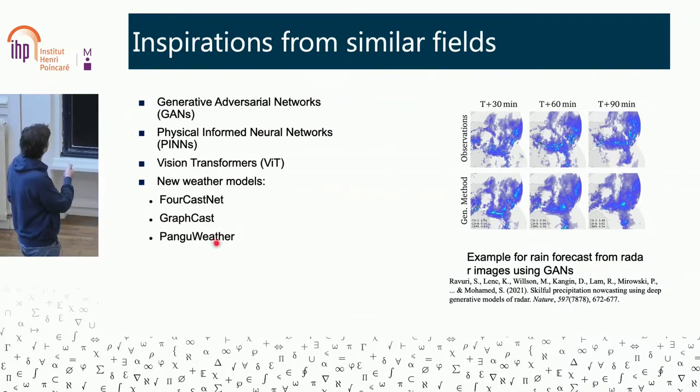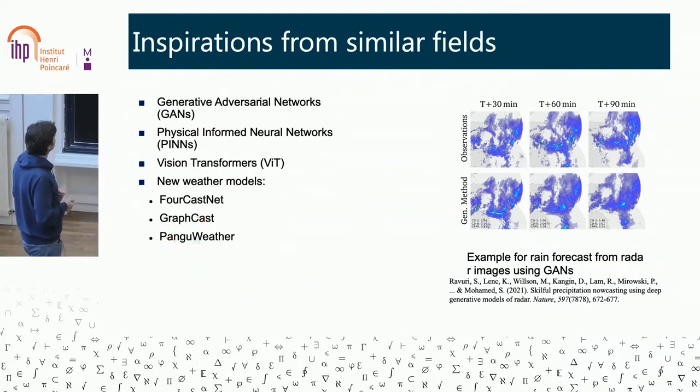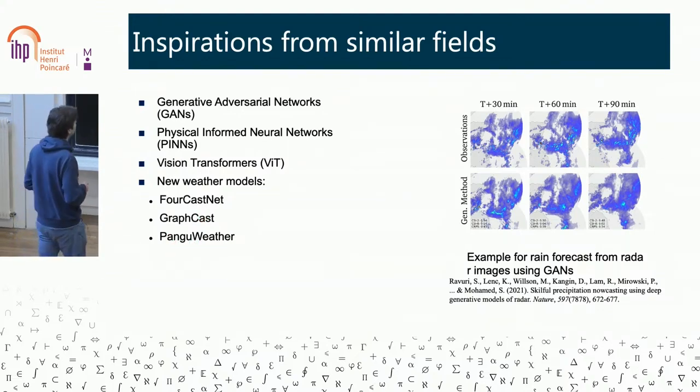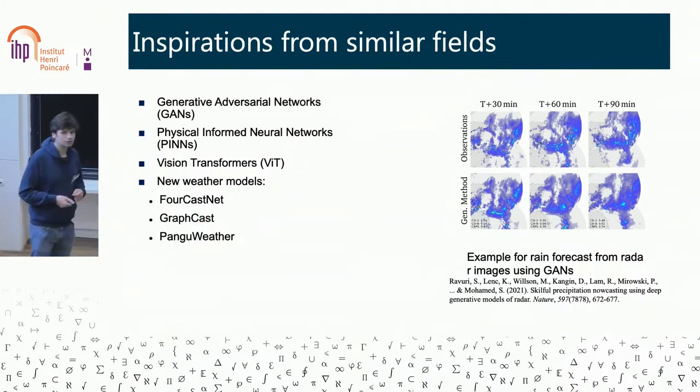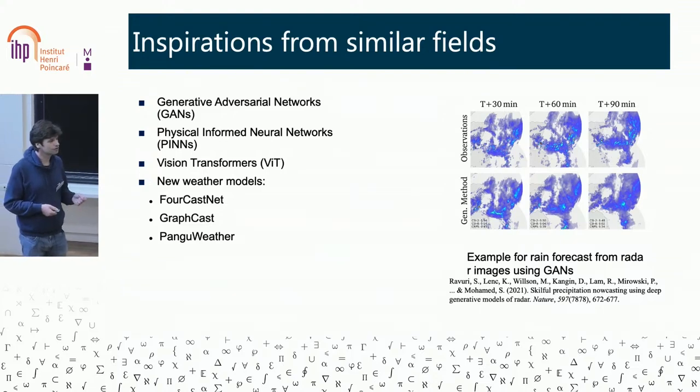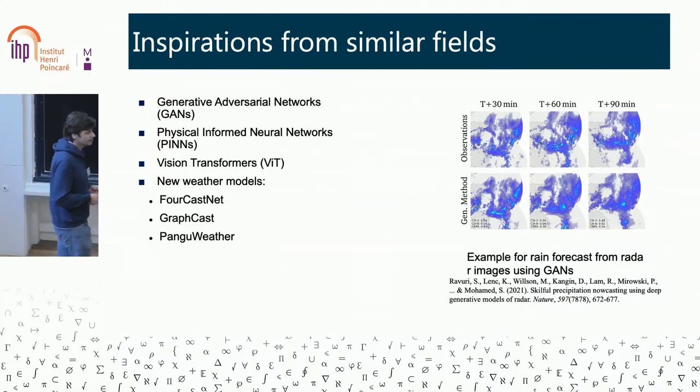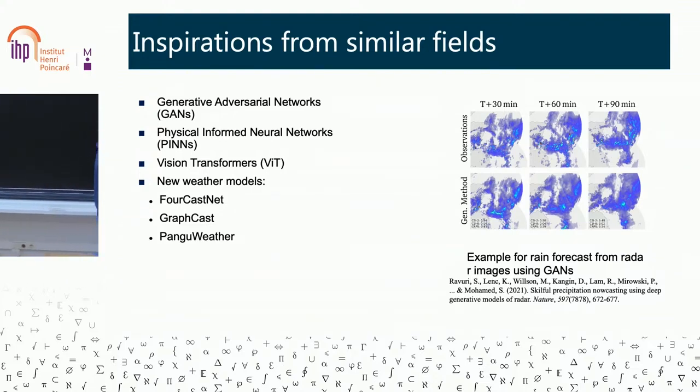And of course, the new weather models made by big companies like NVIDIA, Google, and Huawei, namely FourCastNet, GraphCast, and Pangu-Weather, give noticeable results for temperature, humidity, and wind, but nothing has been tested yet for solar energy or accurate cloud cover.